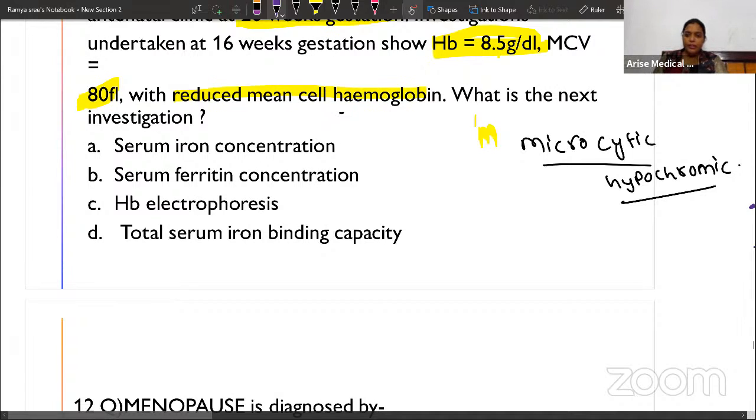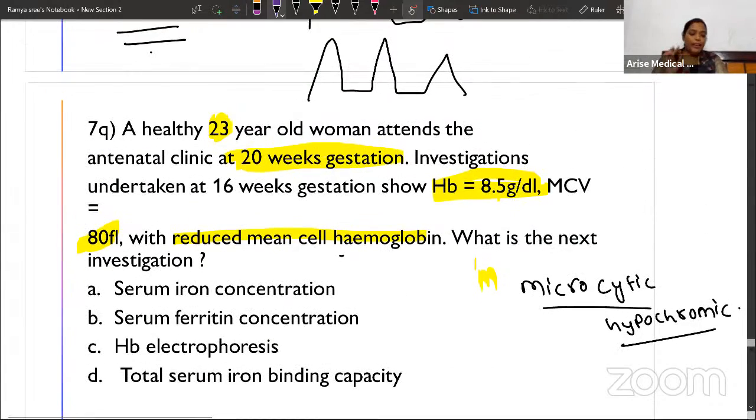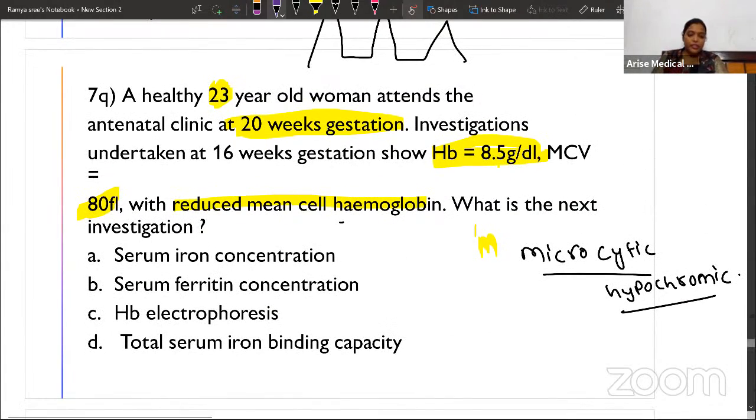Next question. What should be the management for this patient? How do you want to manage this patient? Second trimester, 16 to 20 weeks, with moderate anemia.